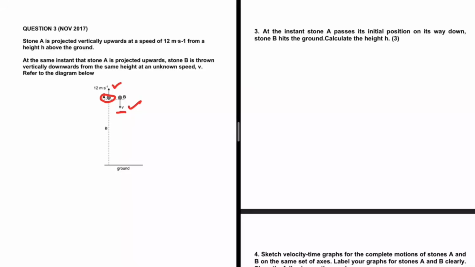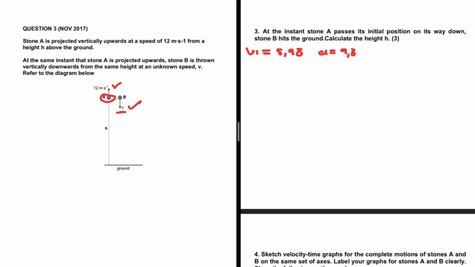We can use stone A or we can use stone B. I think both can work, but let's try using stone B. If we're using stone B, our Vi is going to be equal to 5.98 meters per second downwards, right? It's what we just calculated above, the value of v. And then the acceleration, 9.8, obviously.